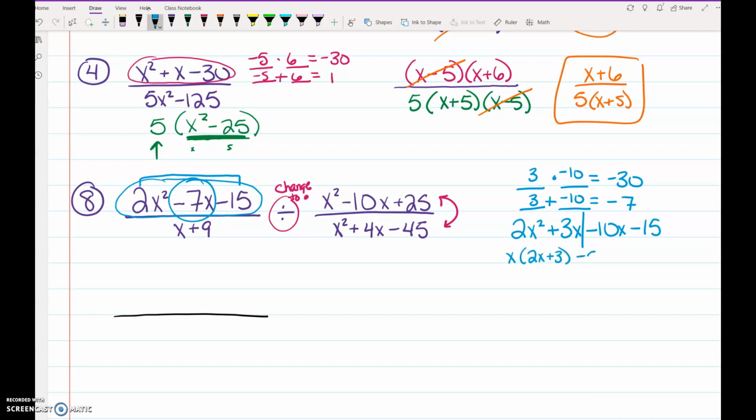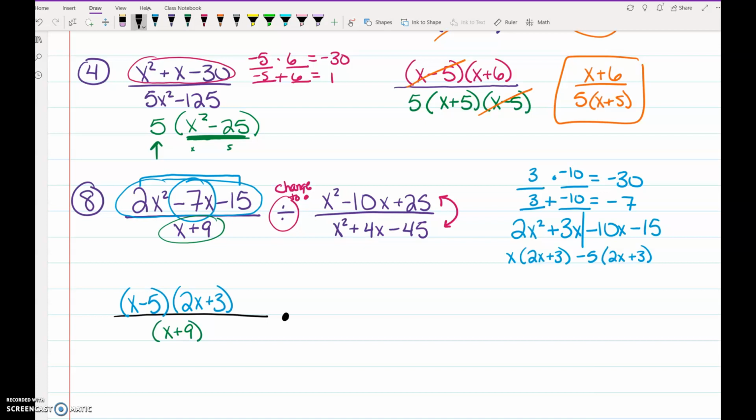My second group has negative 5 in common. So the factored version of this top part is x minus 5, 2x plus 3. And yes, I know I changed the t's to x's. That's okay. On the bottom, we have x plus 9.